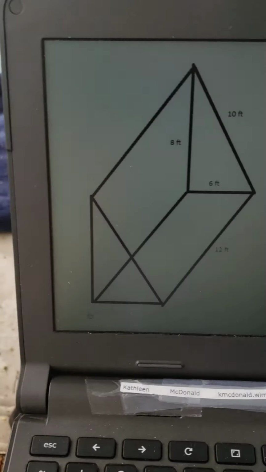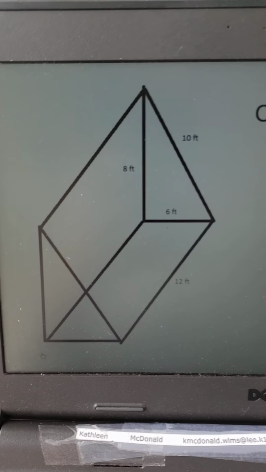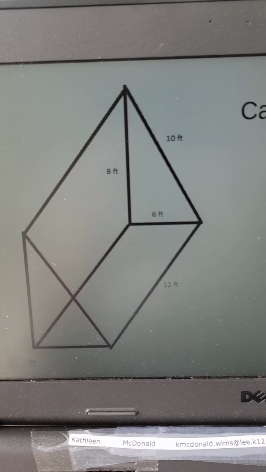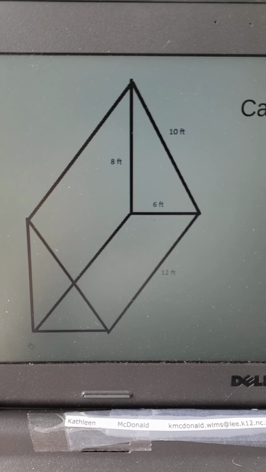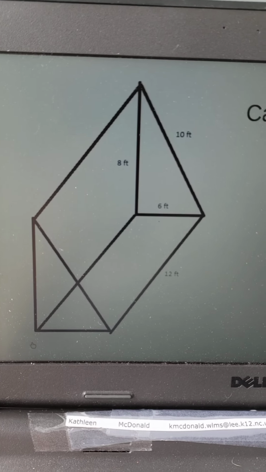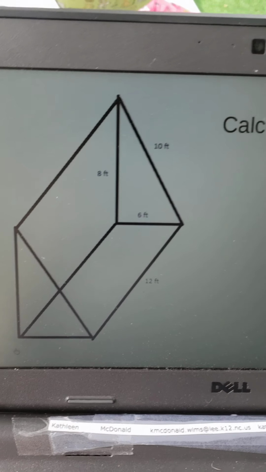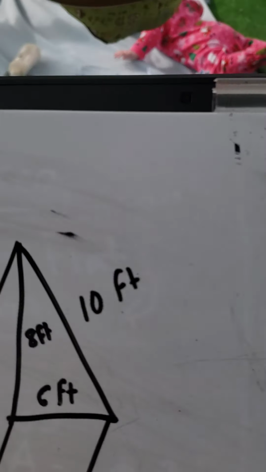And here, I'll show you this drawing because it's better than mine. I think I said this wrong a minute ago. So the triangles on the ends have a base of 6 feet and a height of 8 feet. So for each one of those, you're going to do 1/2 times base times height.